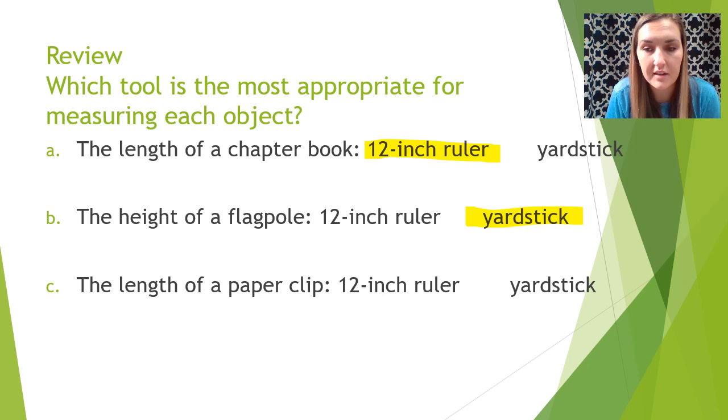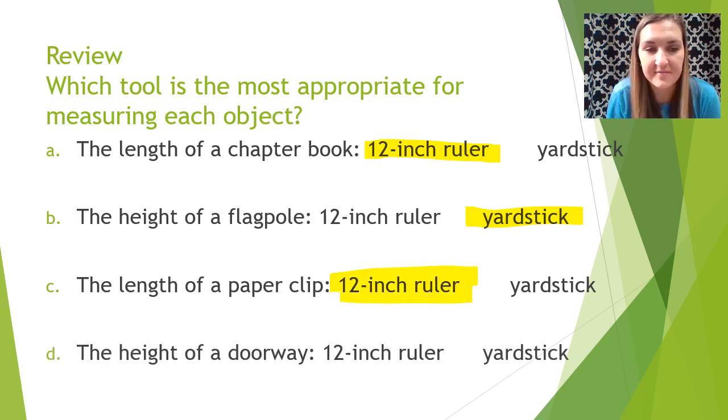Length of a paperclip. Paperclips are smaller, 12-inch ruler. Last one, height of a doorway. So think height, up and down. Yardstick. If you got all of those correct, give yourself a pat on the back.